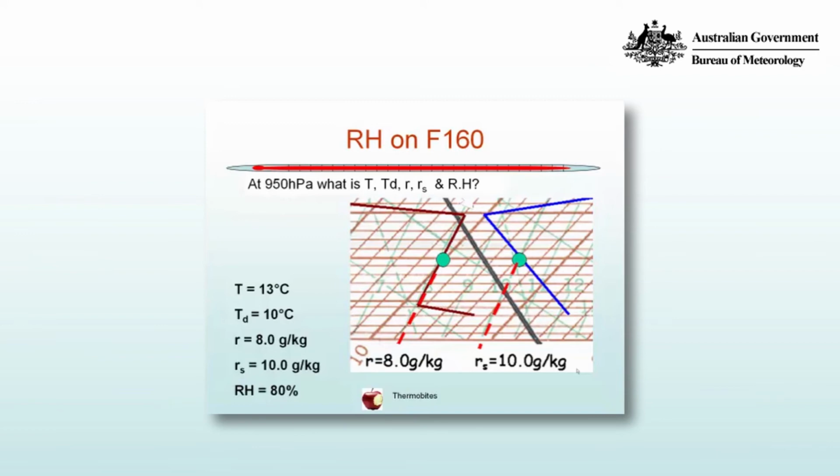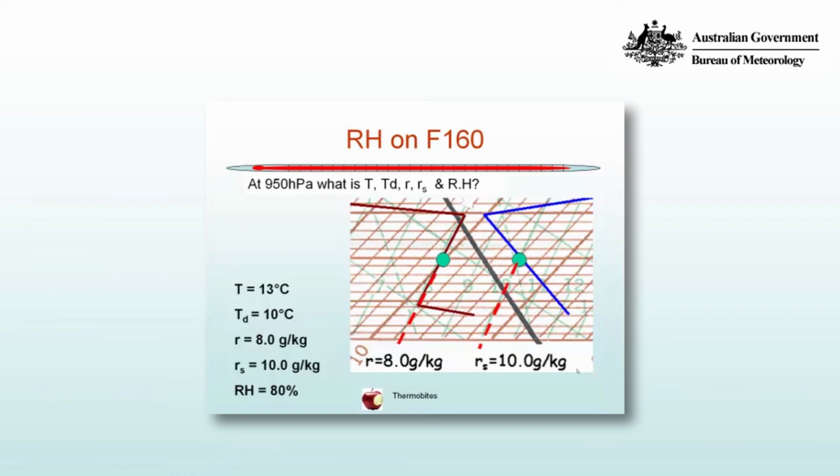So how do we do this on a skew-T log P aerological diagram? Well, for this particular example, we have at a given pressure level, the temperature is 13 degrees Celsius, the dew point temperature is 10 degrees Celsius, and we can read off the mixing ratios.